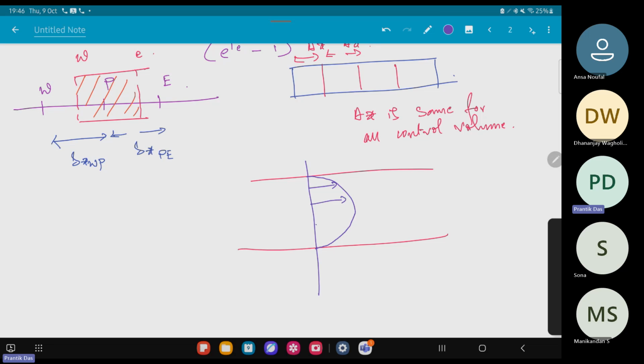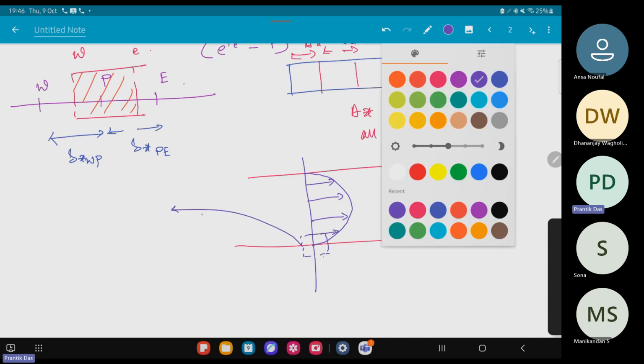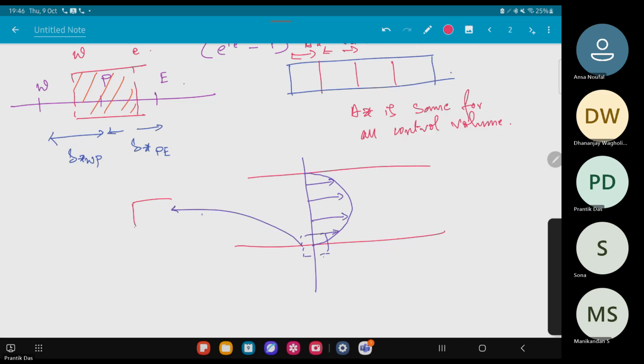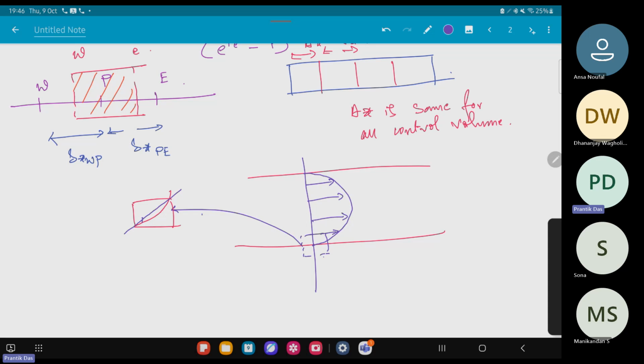If I want to do CFD for it, in the case of central difference also, we assume the profile to be linear. But if I magnify the near-wall region itself, I will see that it is parabolic in nature. If I consider that to be linear, this is the error or mass imbalance I'm going to get, which is undesirable in our case.